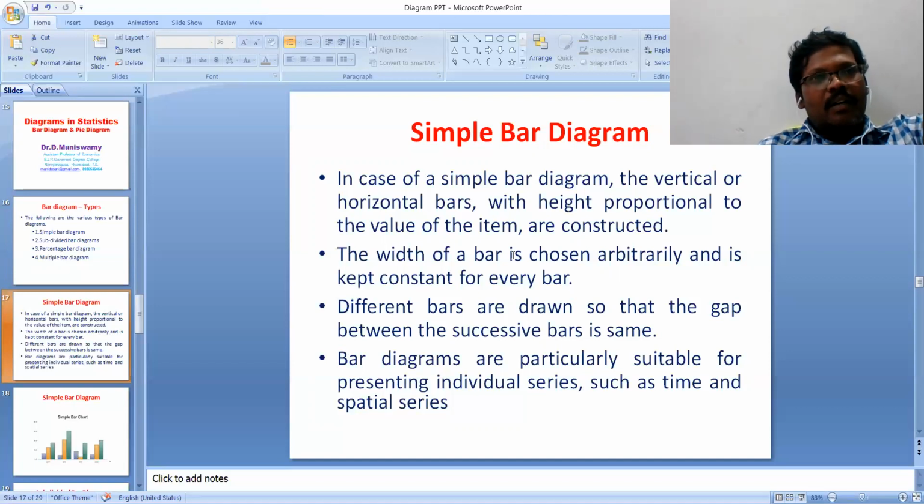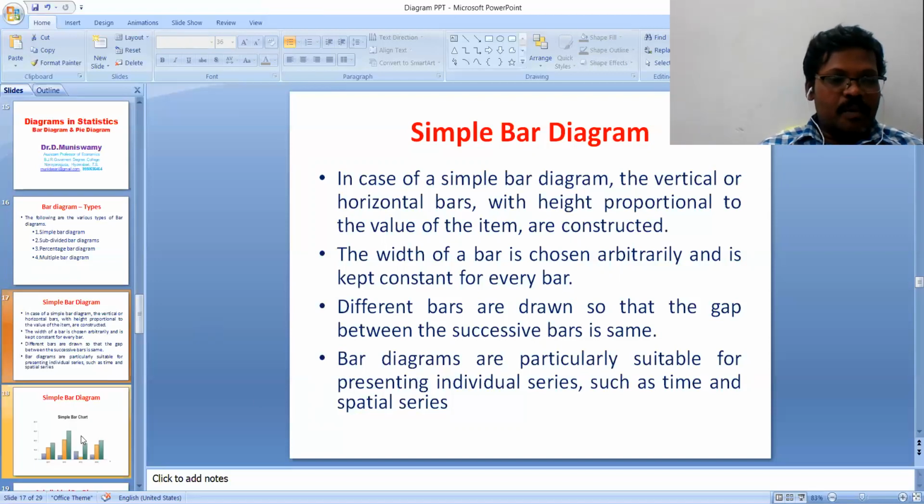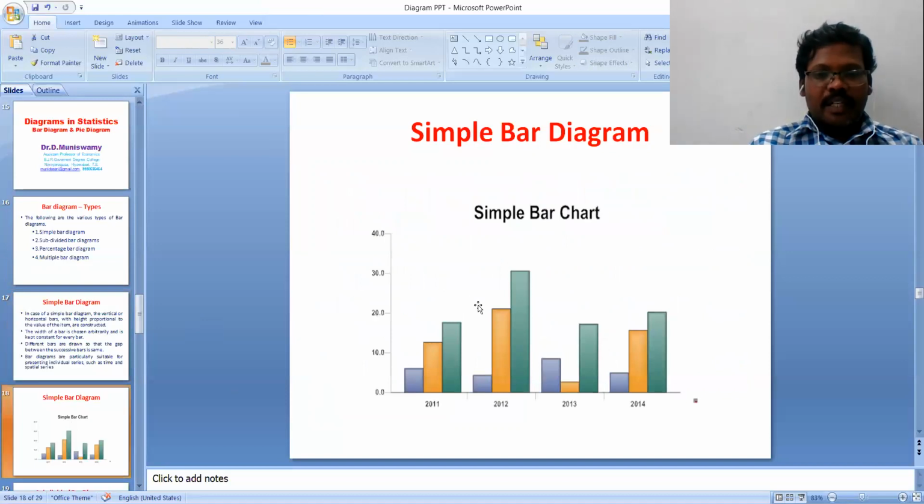X is this much. Why this much? We can use this simple bar diagram. For example, a simple bar chart in 2011: X has something, B has something, and C has something. Like in 2012, X, Y or Z will be like this.